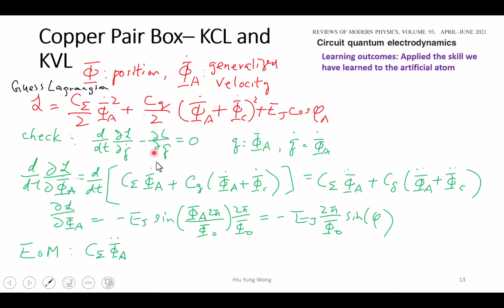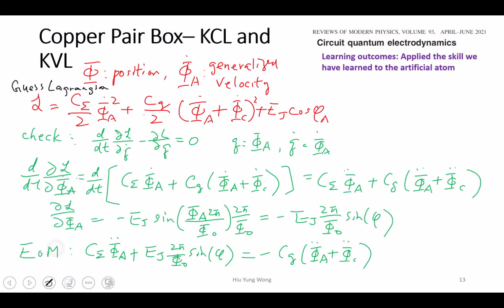In this equation of motion, I take this term, C summation phi A double dot, and then I need to subtract this whole term, and this whole term is negative, so it becomes plus. Plus EJ 2 pi over phi naught times sine of psi equals negative CG times phi A double dot plus phi C double dot.